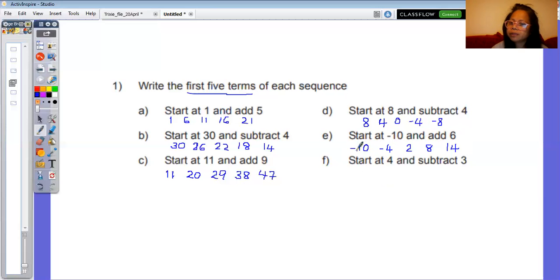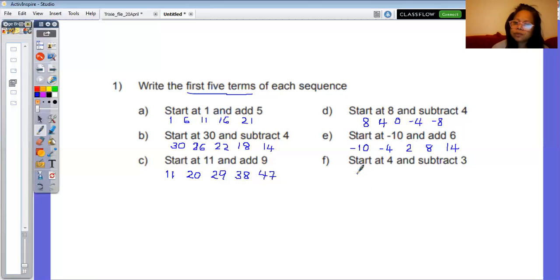But because minus 10 is bigger, then you take minus 4. And then from minus 4, again, plus 6. So the difference, one is a minus 4, and then a plus 6. So you take 6 take away 4 is 2. And because plus 6 is bigger, you put plus 2.